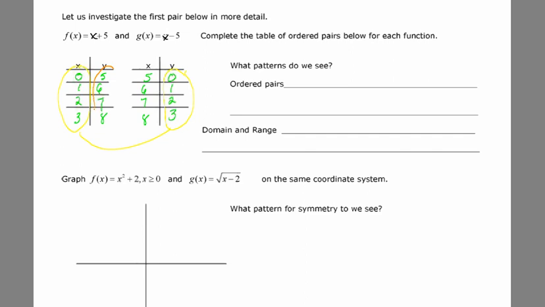And the y values over here are the same as the x values over there. So when we have a function and its inverse, we see a swapping of ordered pairs. And x comma y becomes a y comma x. So a comma b becomes b comma a.